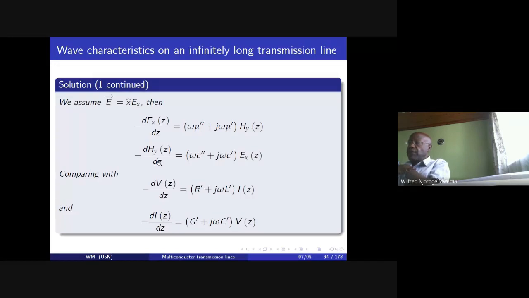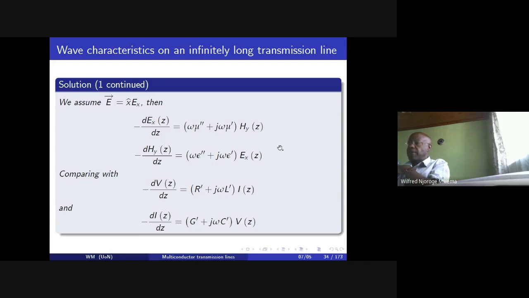Now, if we compare these equations and the equations we have already derived for the voltage waves on the line, we can see that the minus of the gradient of the voltage with respect to the z direction is just given by R prime plus j omega L prime multiplied by I of z.